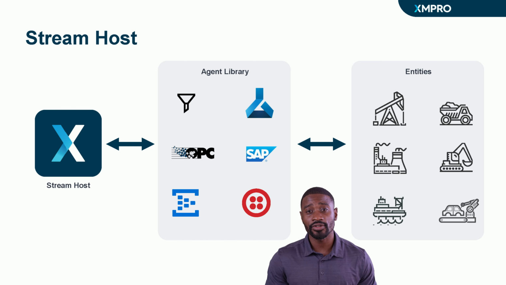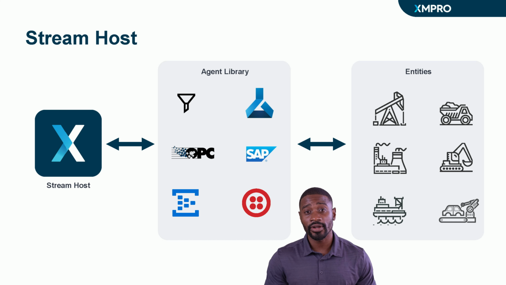Underpinning our data streams are stream hosts, which are responsible for executing the logic of the data streams configured in the Data Stream Designer. When you configure a data stream and hit publish, a stream host takes over to run it. The number and location of stream hosts depend on your use case. For centralized operations, you might use a single stream host.